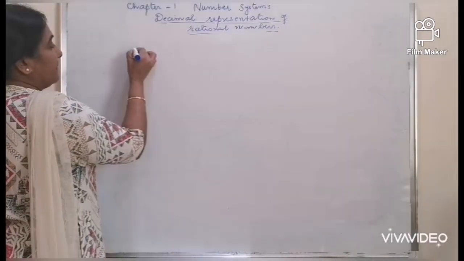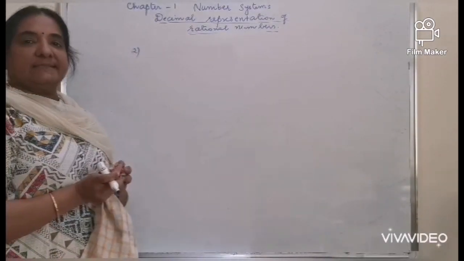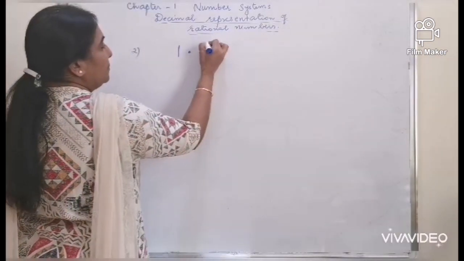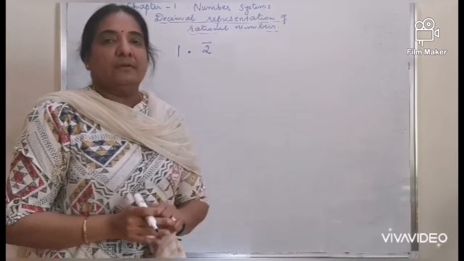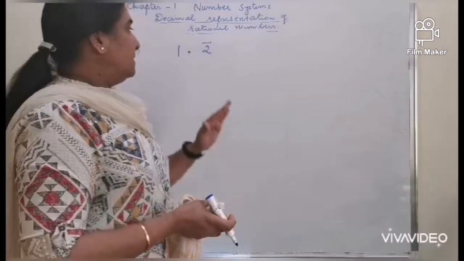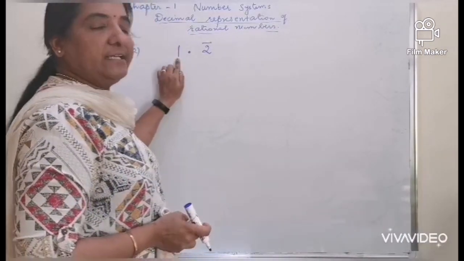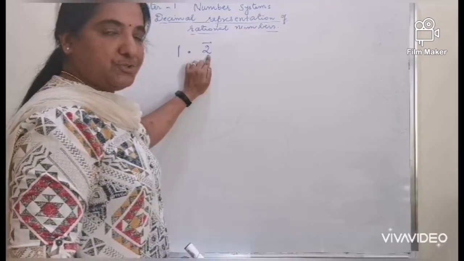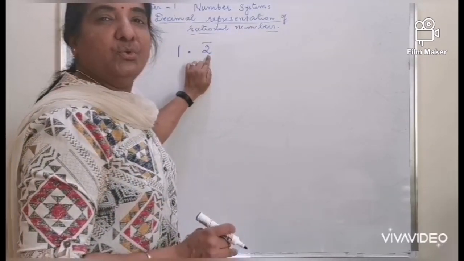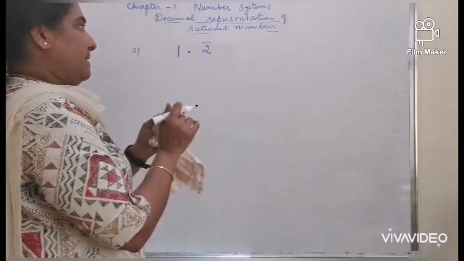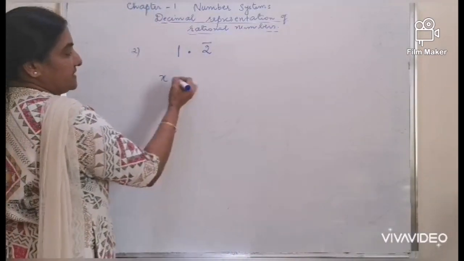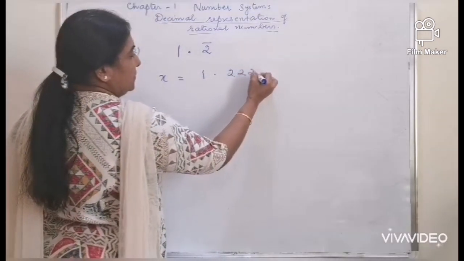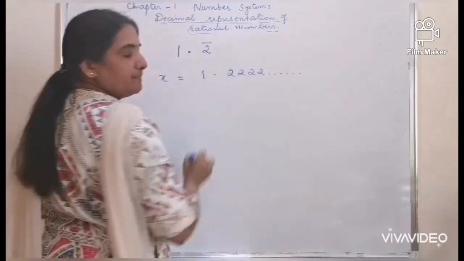Let's see the second pattern as 1.2 recurring. The only difference is the whole number part here is 1 instead of 0. The decimal part contains 2, which means the digit 2 is recurring. The first arrangement is x is equal to 1 point, the digit 2 recurs.